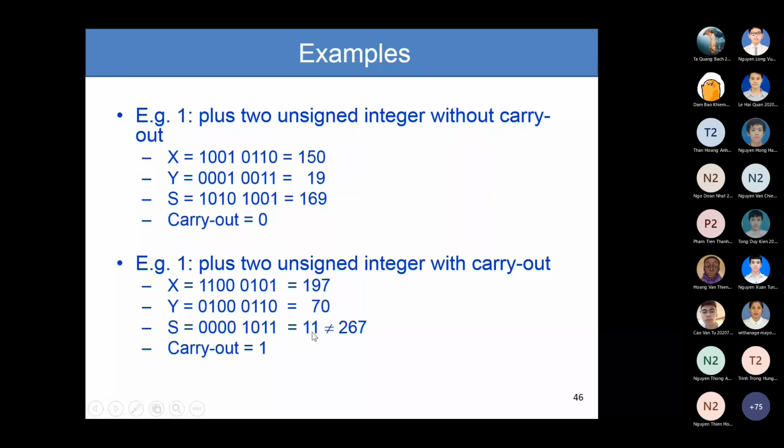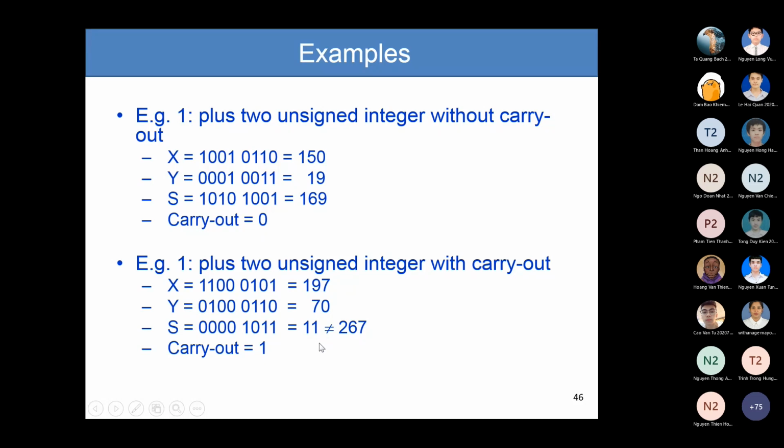This is wrong because x equal to 197, y equal to 70, and the sum of x and y must be 267. But when we add it in the computer, the result is 11. So it is wrong.